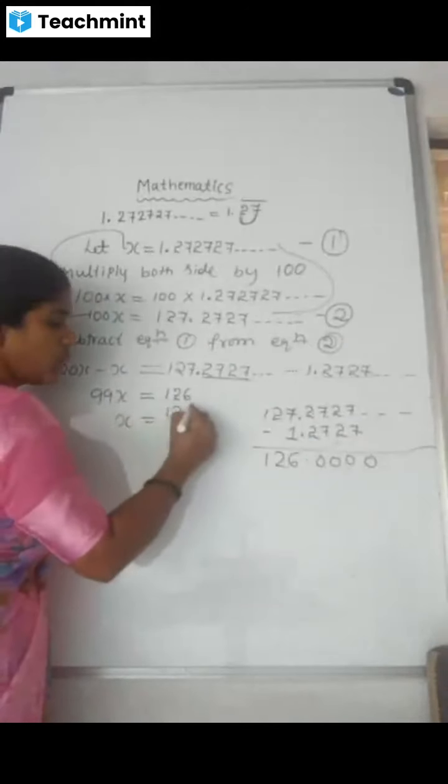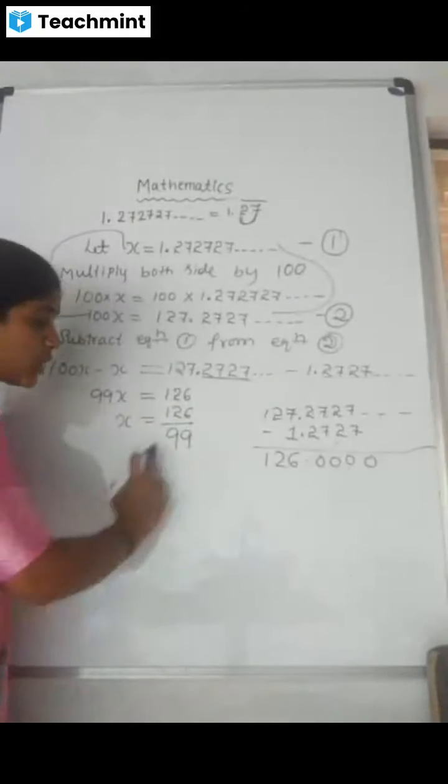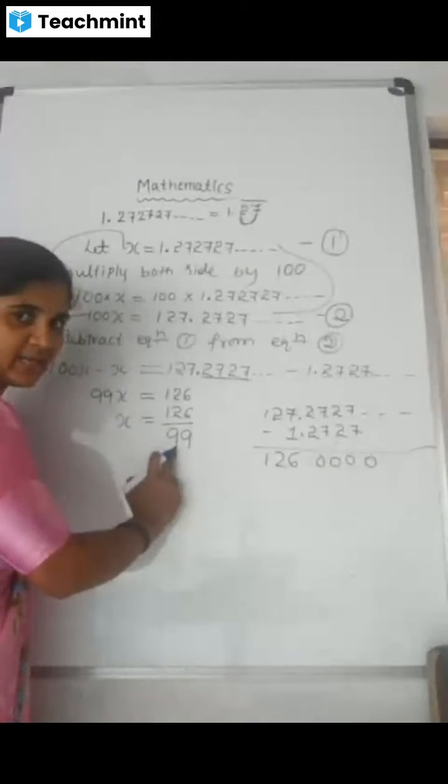Therefore, x is equal to 126 divided by 99.